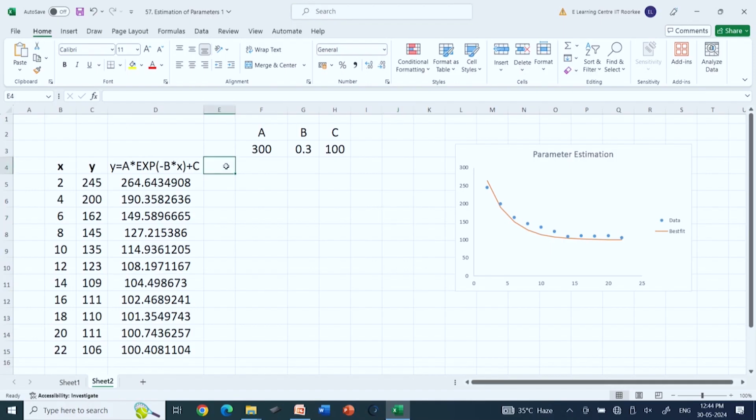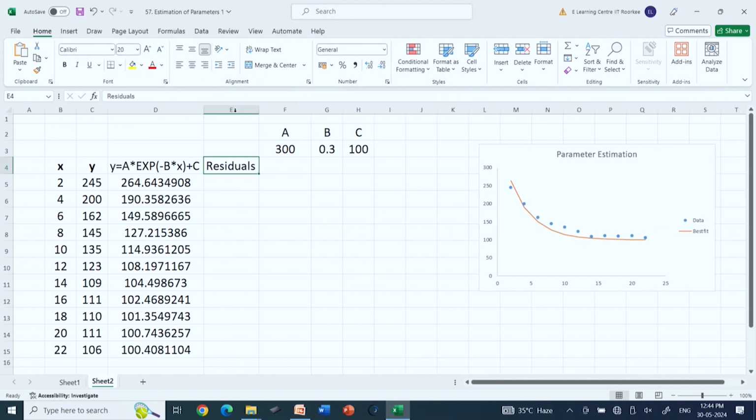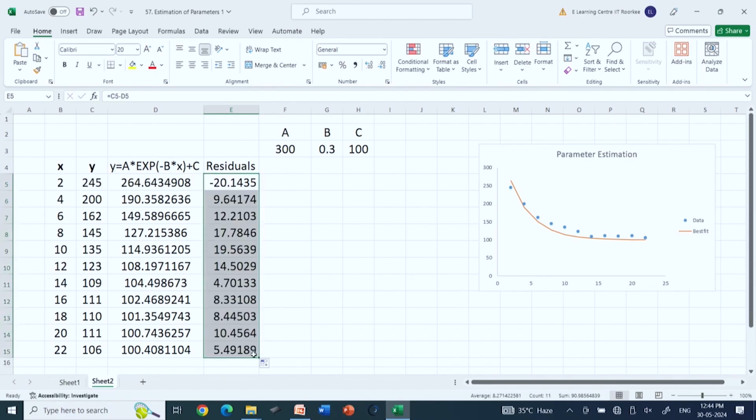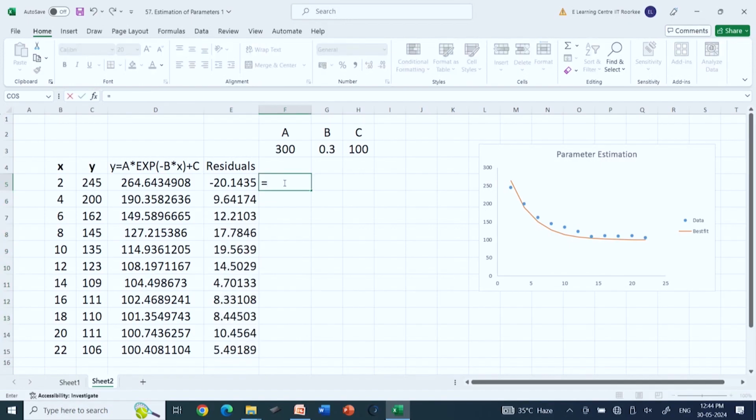So this is the residual, and it will be equal to the data minus the value calculated from the equation. So these are all the residuals, and then you calculate the square of the residuals.